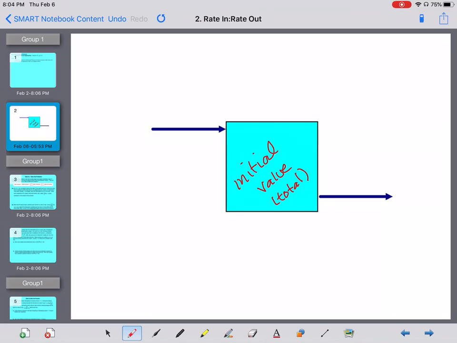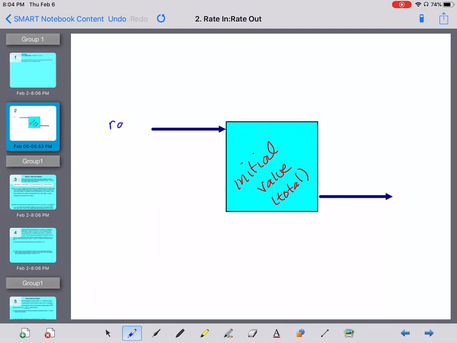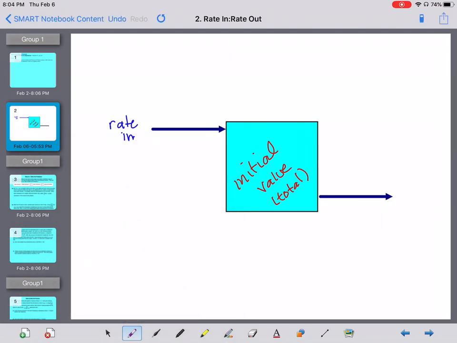Then we have this idea of what we call a rate in. Something is being added to this total at a particular rate of change, so a derivative. And then we have something being taken away from this initial value or total, and we call that the rate out.